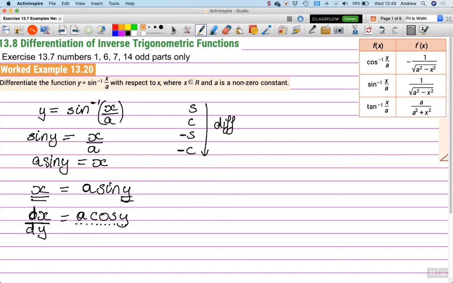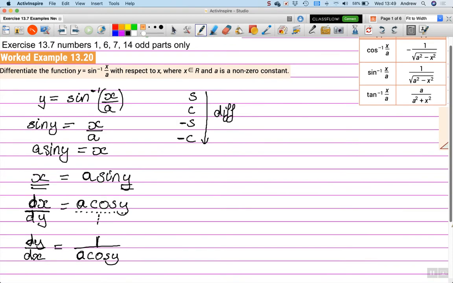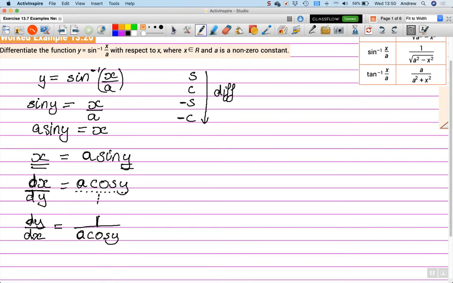So I'm going to turn the notational fraction on the left upside down and get dy over dx, and on the right hand side I'm going to write 1 over a cos y. And in order to finish off this problem, I have now got to work out what cos y is equal to.